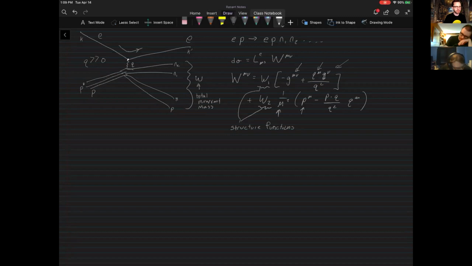And then people could start writing down guesses for what the objects that make up the proton are and how they couple together. And then they had nice checks to go up against, to say, can I predict the measured structure functions from my QCD theory? Okay.